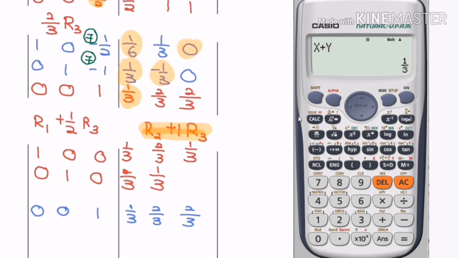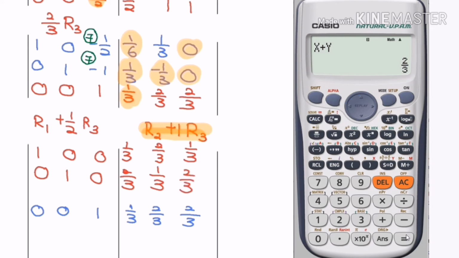Next will be R2. What is my R2? My R2 is equal to 0. So I'm going to substitute the value 0 and then press the equal button. And then after that, what is my R3? So my R3 is 2 over 3. So here we are. We have our answer is 2 over 3.